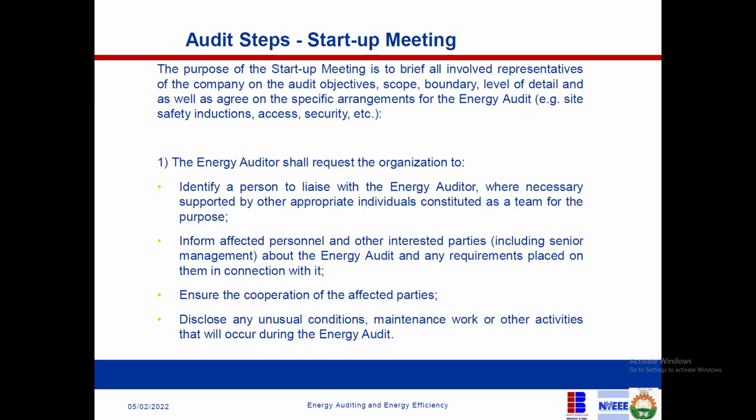You need to inform the personnel and all interested parties about the auditor. Very, very important. And furthermore, you must ensure their cooperation. Then you also have to disclose any unusual condition, or they have to disclose to you.